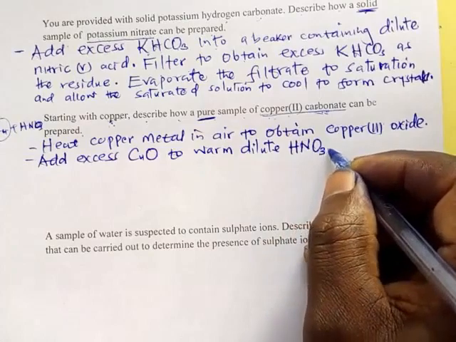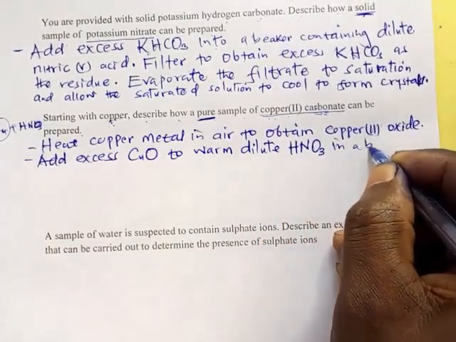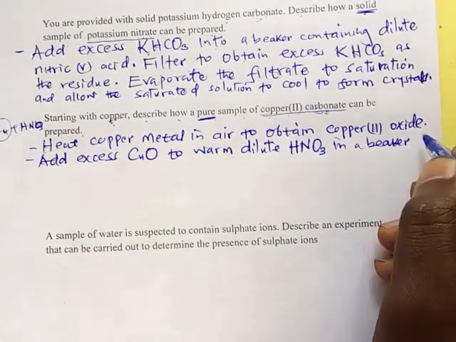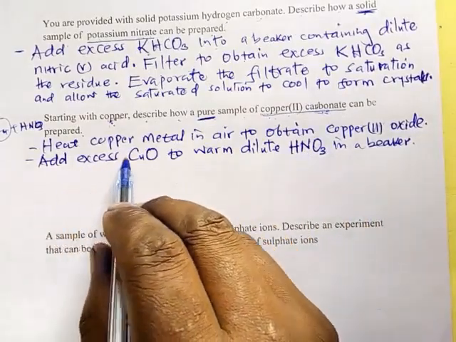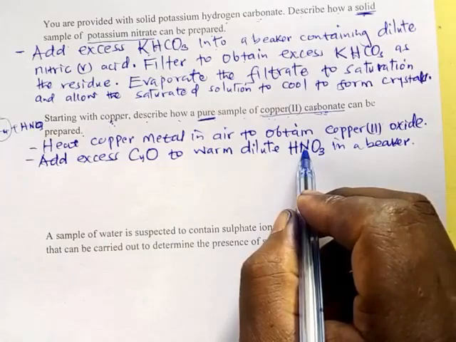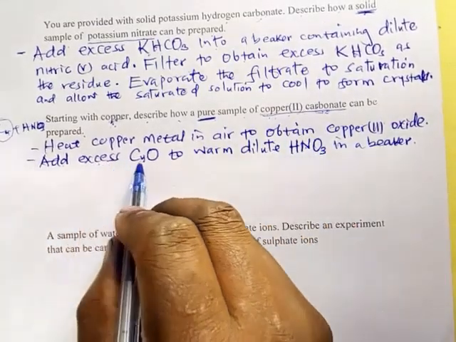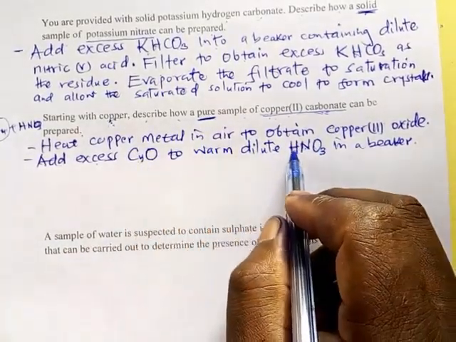This acid could be in a beaker. So what have you made? You have made now copper nitrate. We need that copper nitrate. So since we have in excess copper 2 oxide, we need to filter to obtain the copper nitrate only.